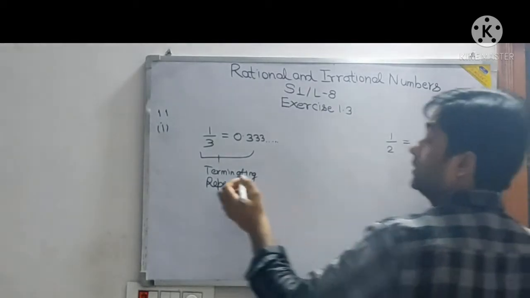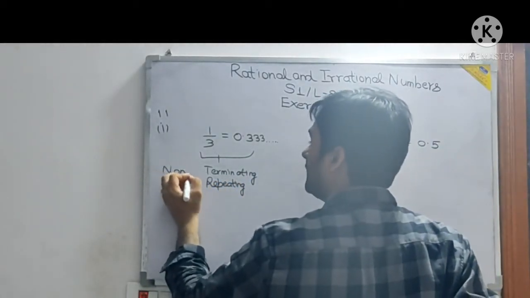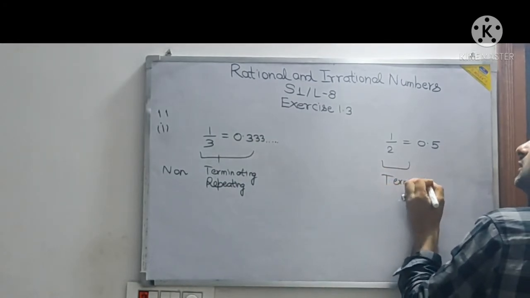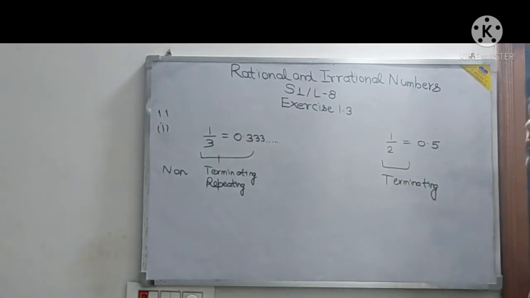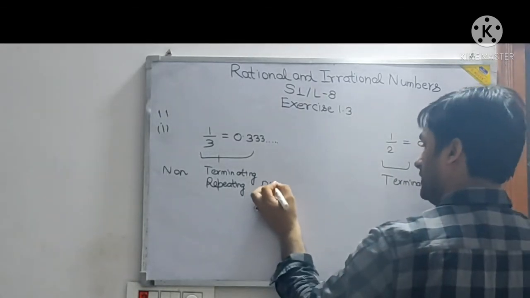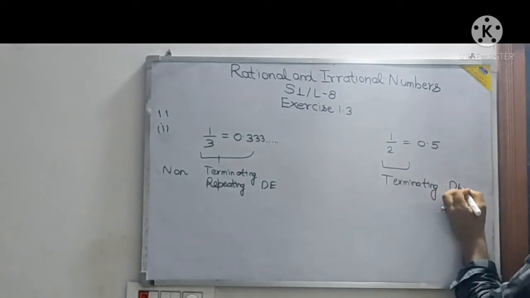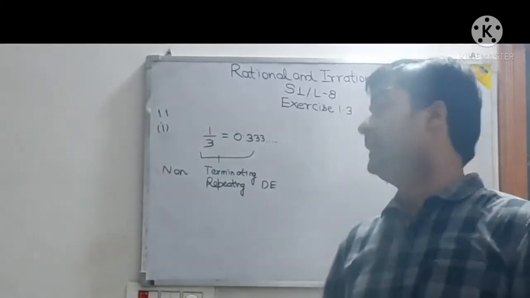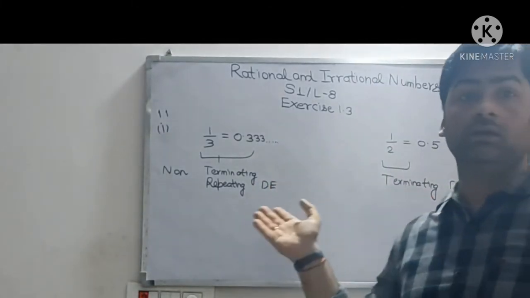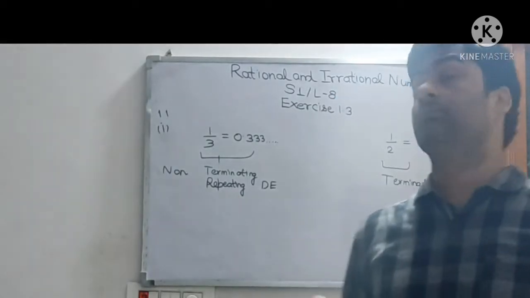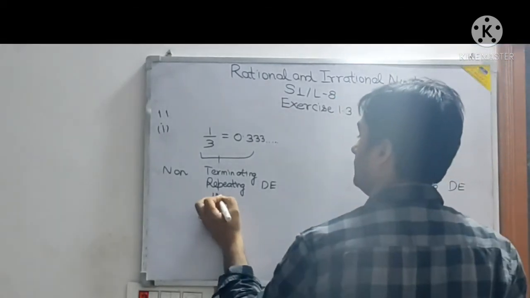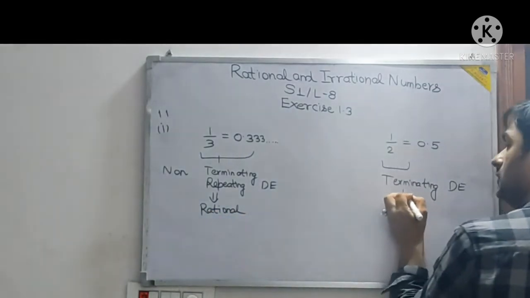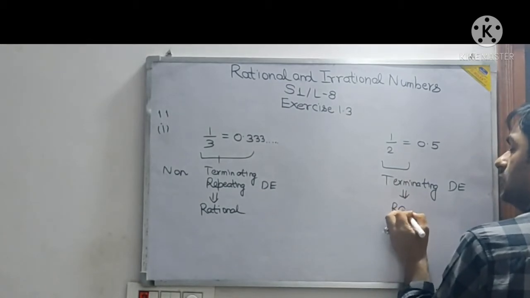This is your decimal expansion. It may be possible that of the two end limits which are given, both are terminating, or both are non-terminating, all these things will be given. But basically both of them are rational only.